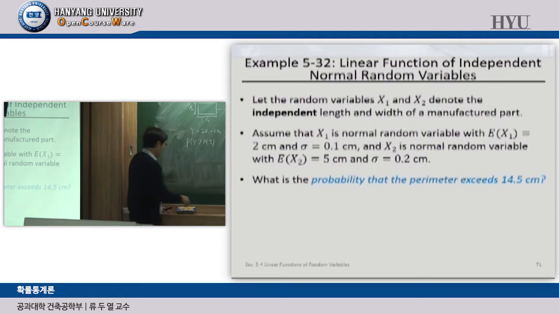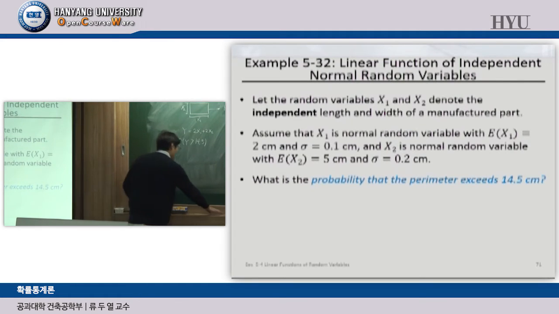And in here, this is the normal distribution. If we change this normal random variable to the standard normal random variable, we can use the appendix table.